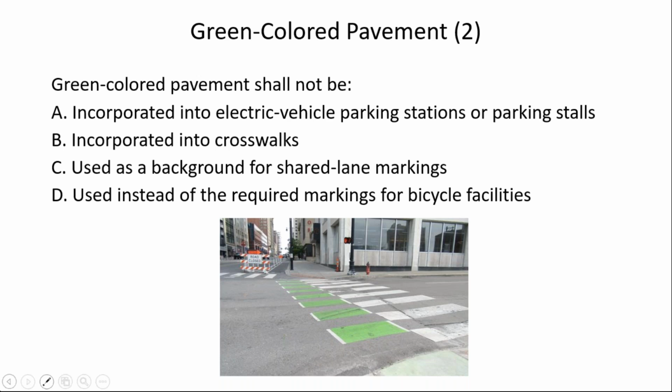Not to be used as background for shared lane markings. You may recall we talked about those on Tuesday, the sharrows. You cannot use green as a background for those shared lane markings, and shall not be used instead of the required markings for bicycle facilities.